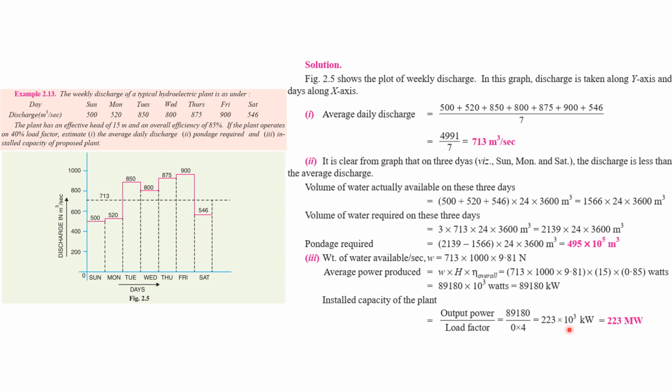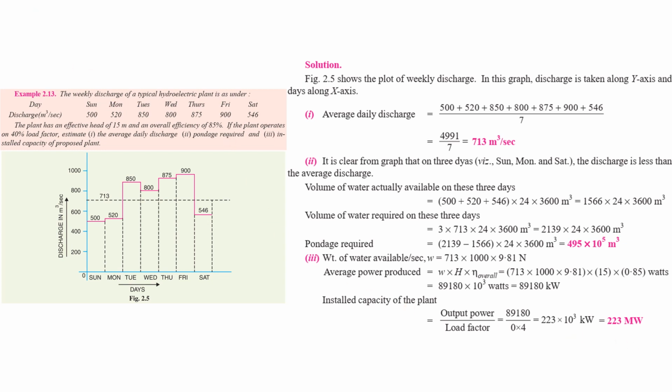So the maximum demand which will occur on this power station will be 223 into 10 to the power 3 kilowatts, or 223 megawatts. So the capacity of this plant to handle this maximum demand should be 223 megawatts. The total number of generation units which you install inside this plant should have ratings that aggregate to 223 megawatts.